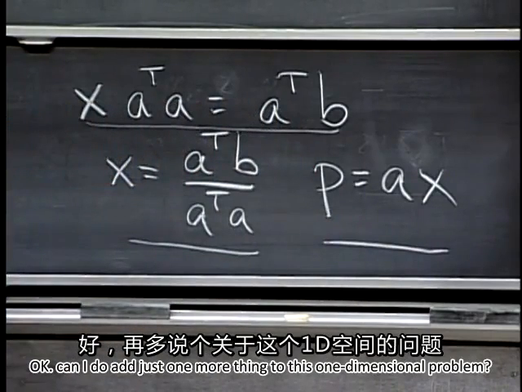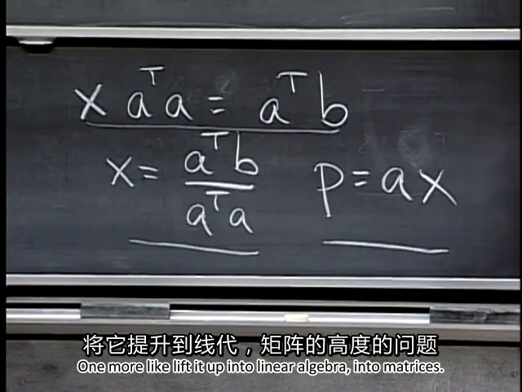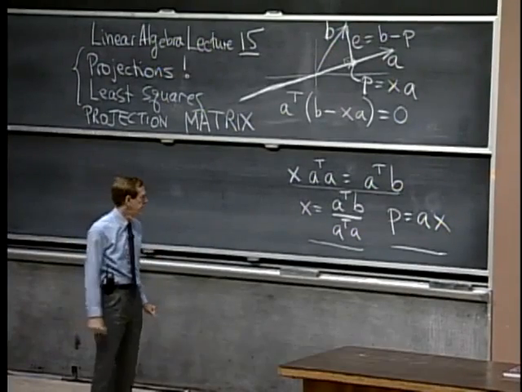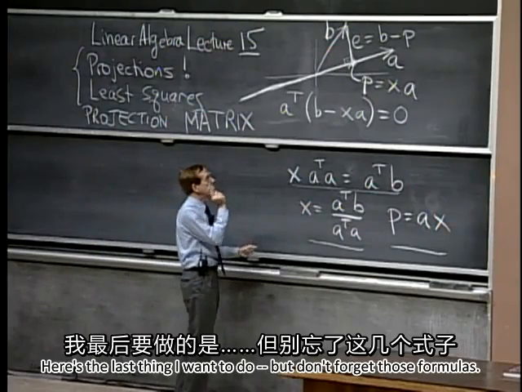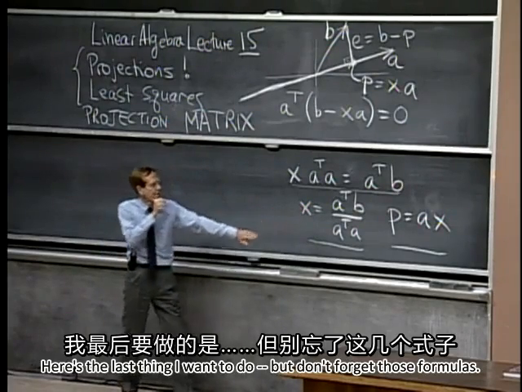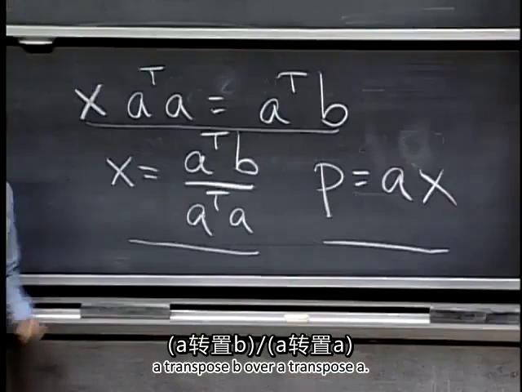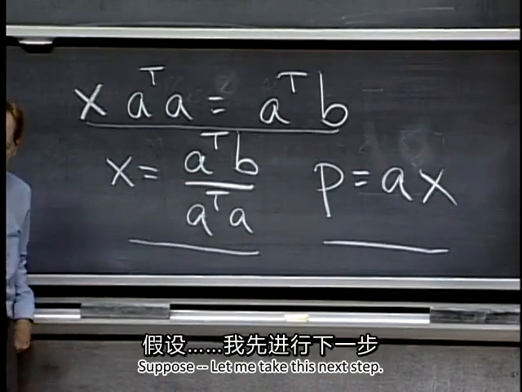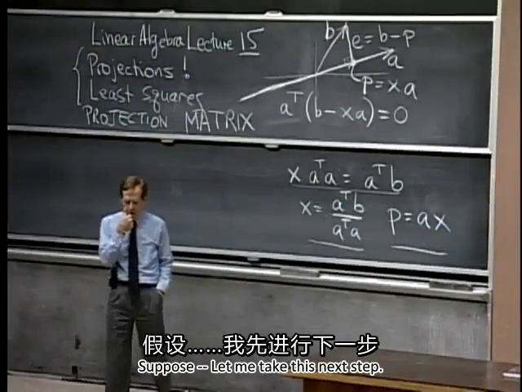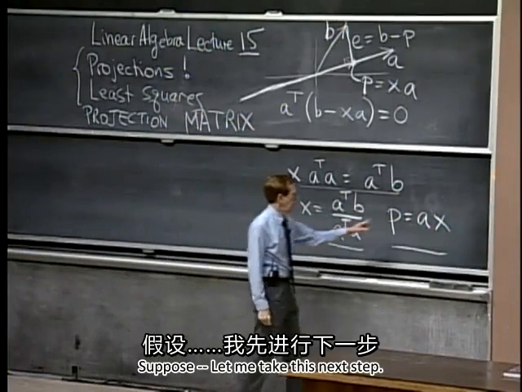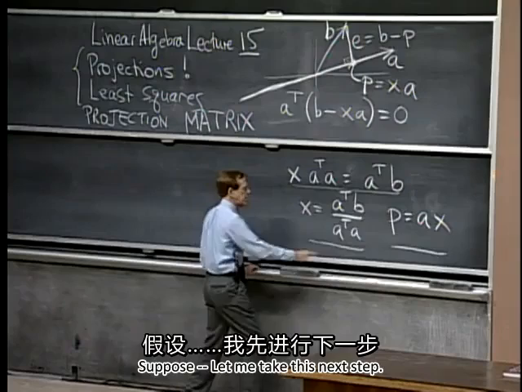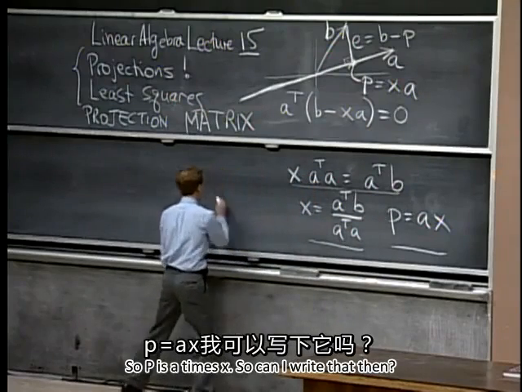Okay, can I add just one more thing to this one-dimensional problem? One more, like, lift it up into linear algebra, into matrices. Here's the last thing I want to do, but don't forget those formulas. A transpose B over A transpose A. Actually, let's look at that for a moment first. So P is A times X. So can I write that then?